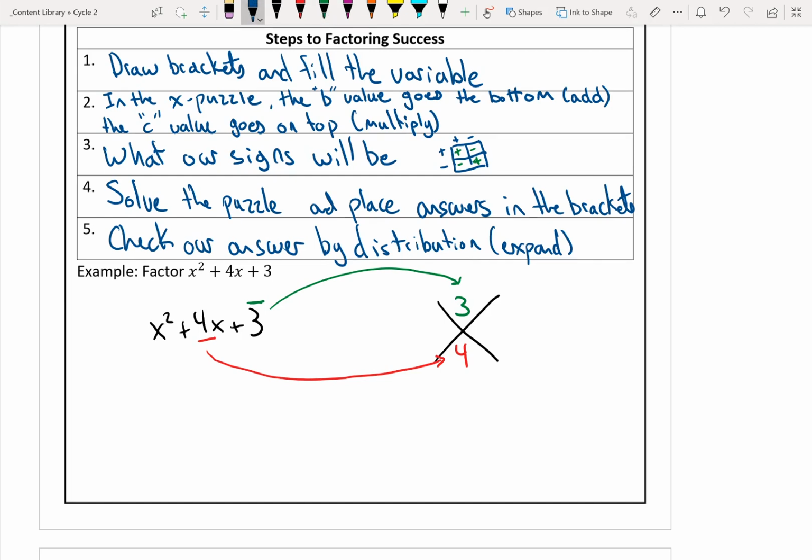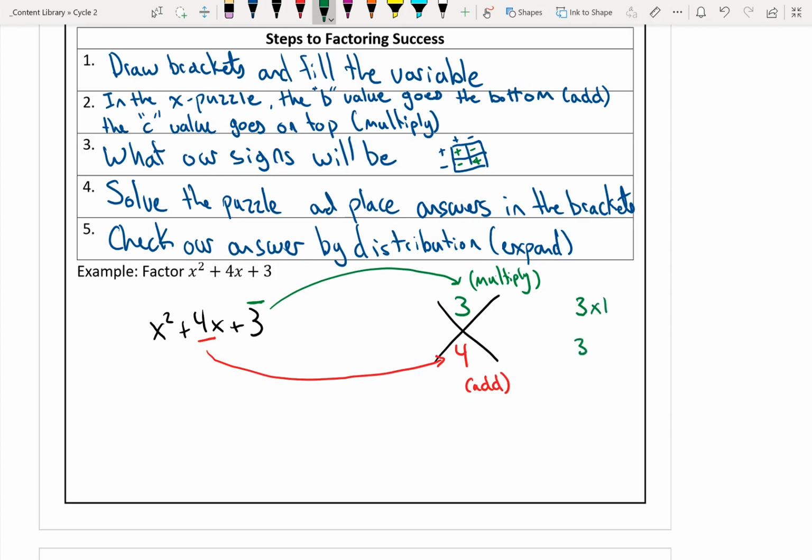And now our goal is to find two numbers that multiply to c, but add to 4. So this one is kind of straightforward because the two numbers that multiply to 3, well, there's only two of them. It's 3 times 1.